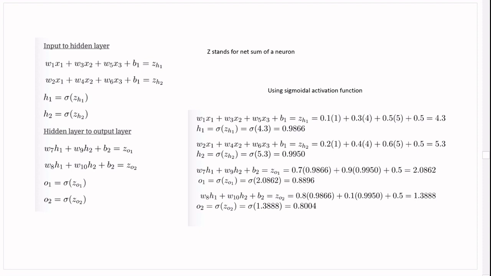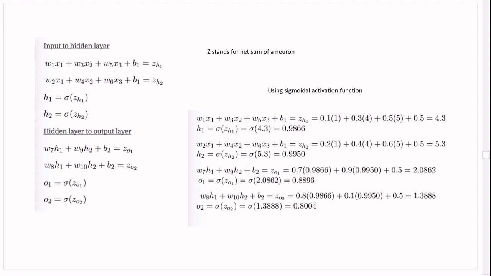Now if you plug in all the numeric values that are shown in the picture on the previous slide, you will find that the net sum for neuron number 1 in the hidden layer is 4.3, and the output after feeding through the sigmoidal is 0.9866. Similarly, the net sum for the second neuron in the hidden layer is 5.3, and the activation output after the sigmoidal function is 0.9950.